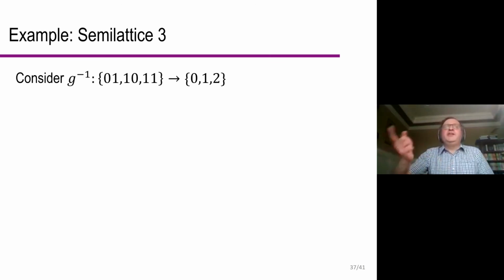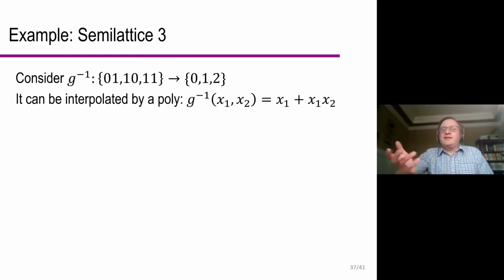Let's consider the decoding function from pairs to 0, 1, 2. Now, clearly, any such function can be interpolated by a polynomial. So, for instance, in this case, g2 minus 1 of x1, x2 can be taken just as x1 plus x1 x2. So what does it mean? If I plug in 0, 1 for x1, x2 here, what do I get? It's 0 plus 0 times 1.